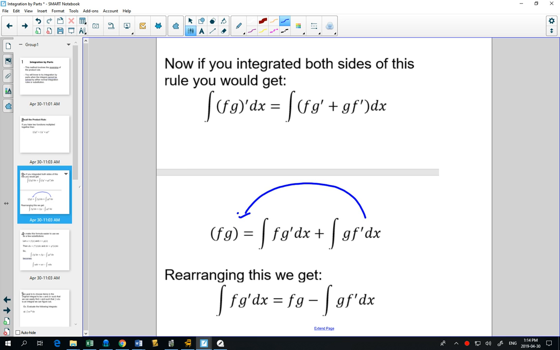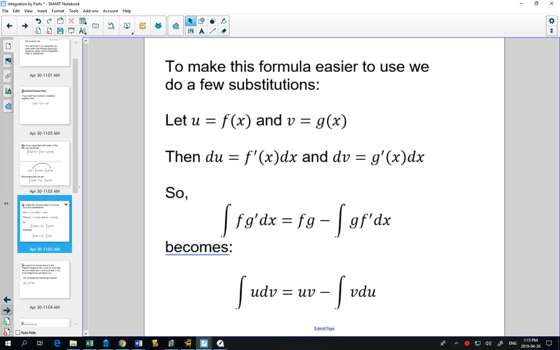Now, you could use this notation, but we're going to simplify our notation similar to what we did in substitution. So there's an element of the ideas of substitution in integration by parts. So what does that look like? We let u equal f of x and v equal g of x.